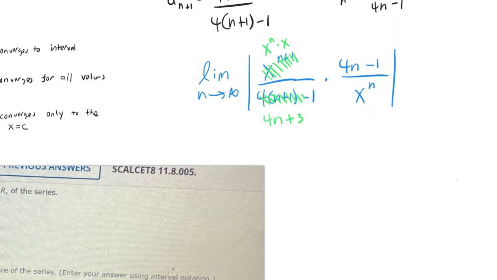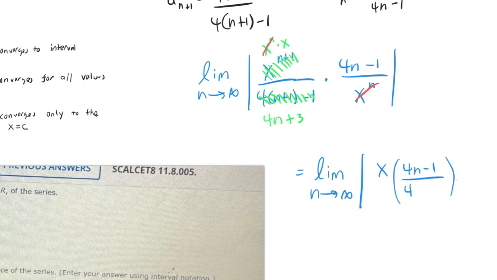So we can get rid of that too. Now the x to the n's would cancel. And therefore, we are really just trying to figure out the limit as n approaches infinity of x times this fraction here, which is 4n minus 1 all over 4n plus 3.